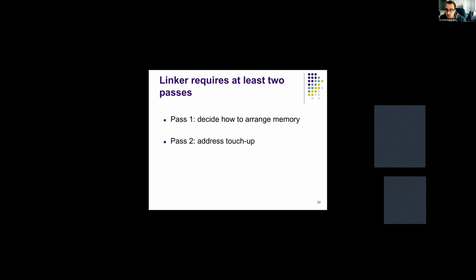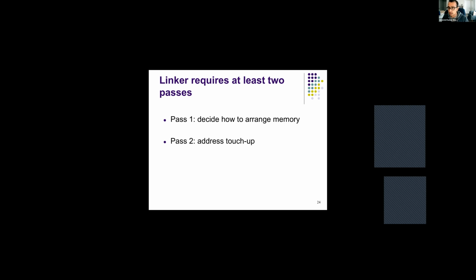Most linkers need at least two passes, but in reality a real world linker takes more than two passes, at least 3 to 4 passes. Okay. So in pass one, the linker reads all the information from all the object files. It figures out what the layout of the final executable should be. And in pass two, that is when it actually writes the information into the new executable. Pass one is the processing pass, where it figures out what it should do.